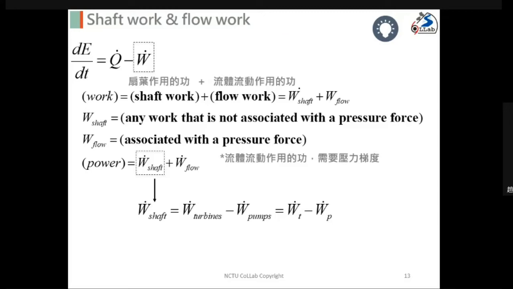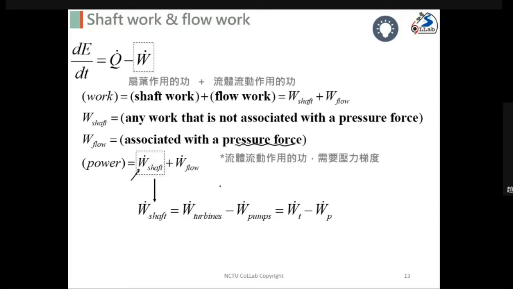Actually, the W rate can be separated into two items. The first is the shaft work, the second is the flow work. We use the names W shaft plus W flow. The W flow is quite easily associated with a pressure force. In other words, the W shaft is any work that is not associated with a pressure force.